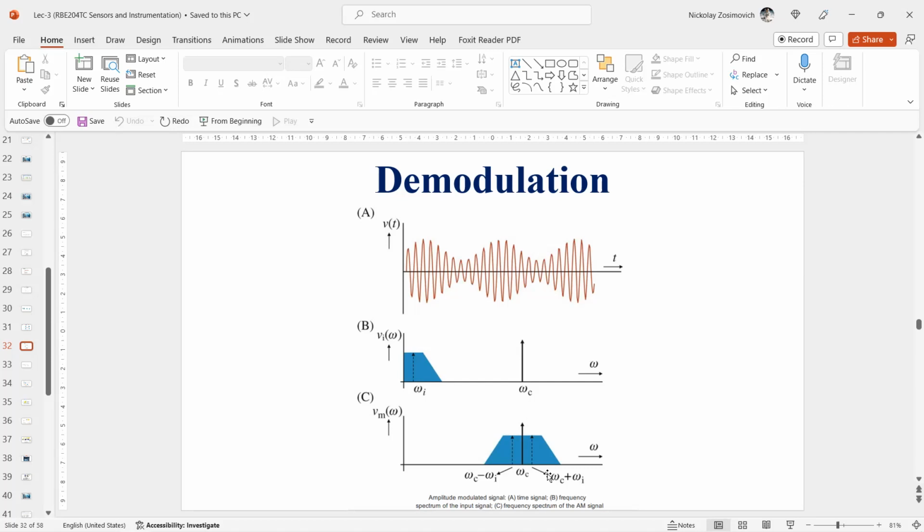Synchronous detection consists of multiplying the AM signal by a signal having the same frequency as the carrier. If the carrier signal is available, as is the case in most measurement systems, this synchronous signal can be the carrier itself.